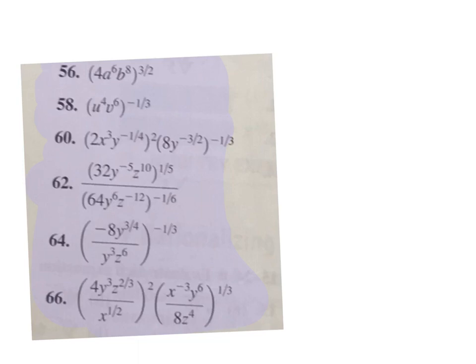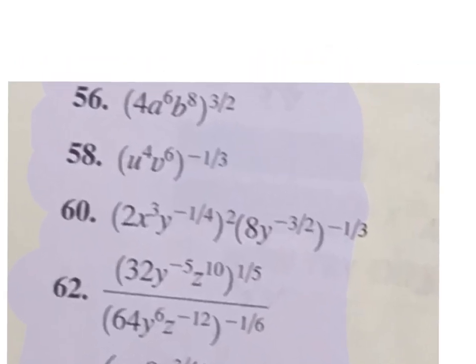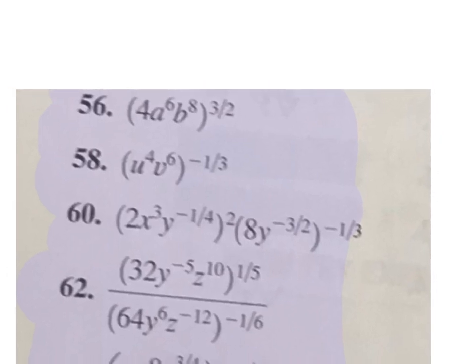So let's look at a problem like 56. I have a big parenthesis, however you want to say it, but there is a 3/2 on the outside. So what do I do with that 3/2 to everything inside that parenthesis? Distribute it, okay? Take a second and draw an arrow to each little thing so you guys see exactly what you have to do. And then rewrite it.